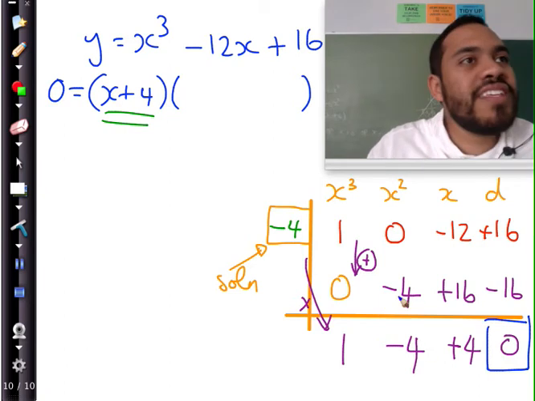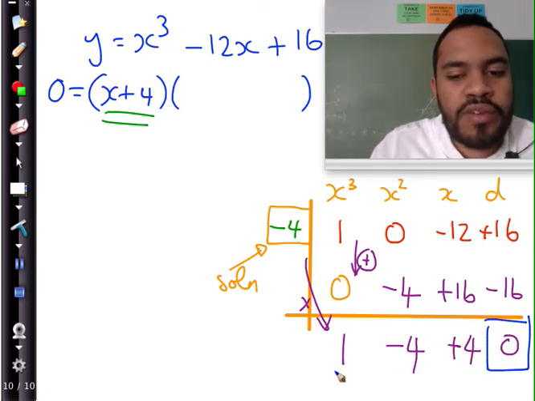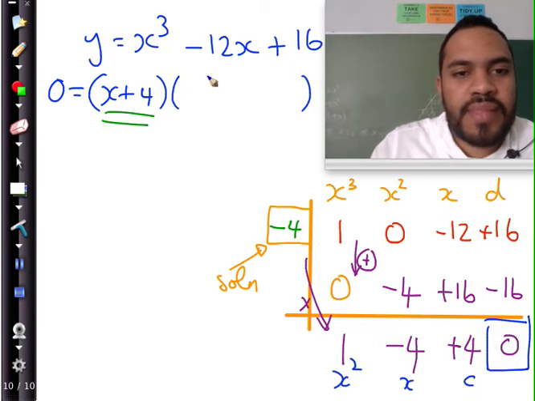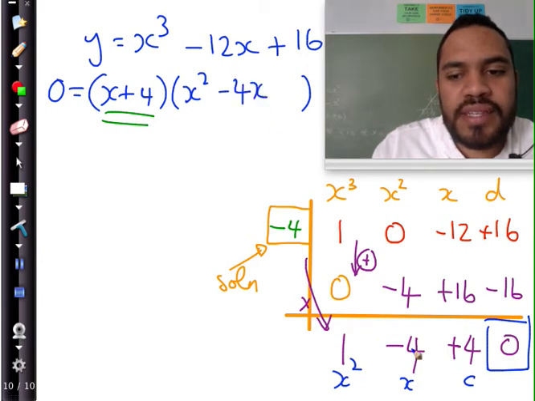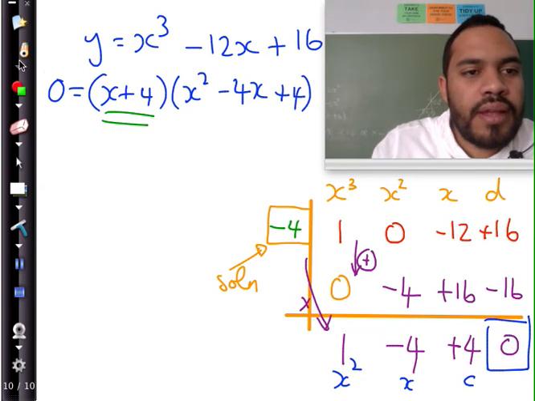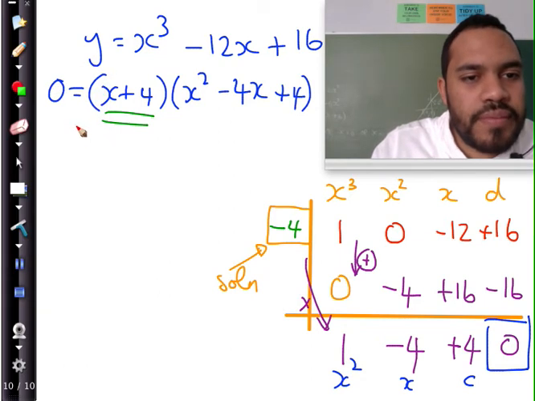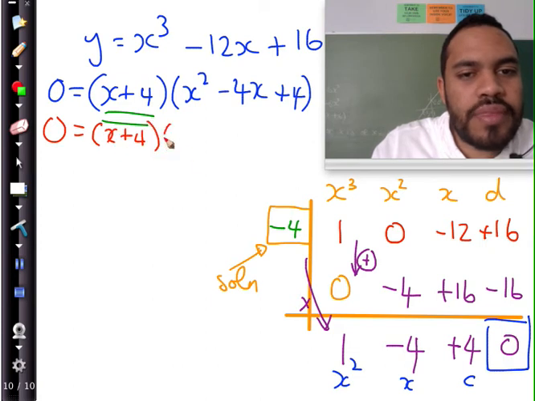Remember, that 0 is important. Again, that shows us no remainder. What I find on this side now is a reduced form into x squared, x and c. So what's this going to be? 1x squared minus 4x plus 4. Are we good? Now we can factorize further. This is 0. That's x plus 4.